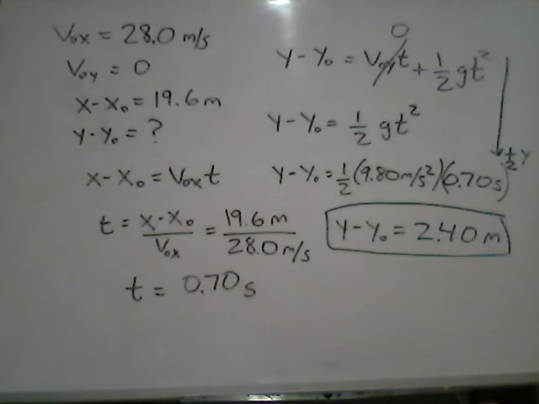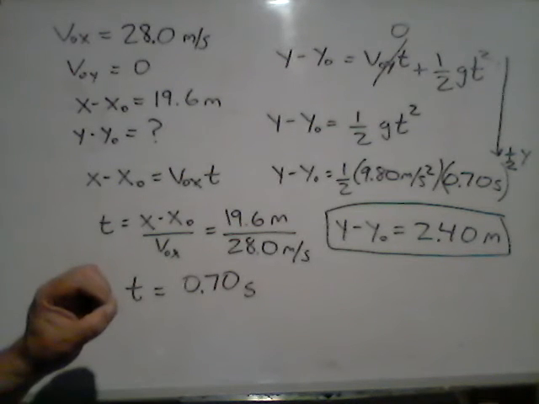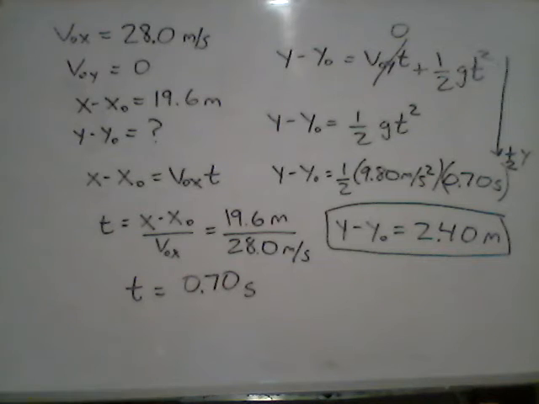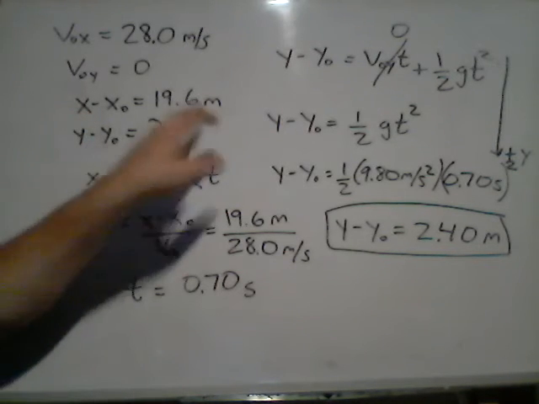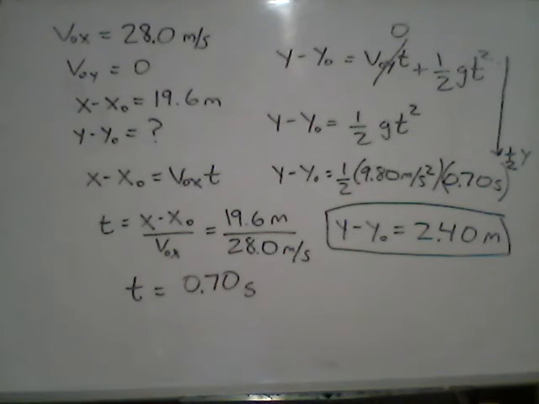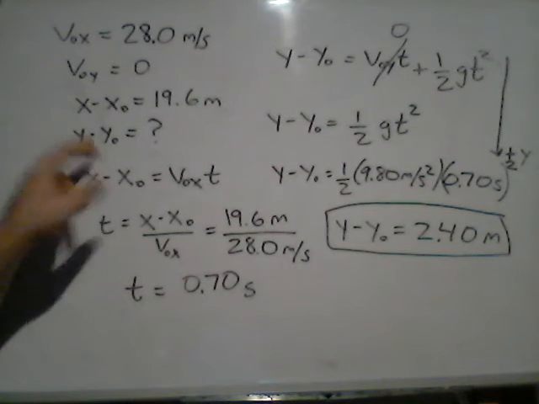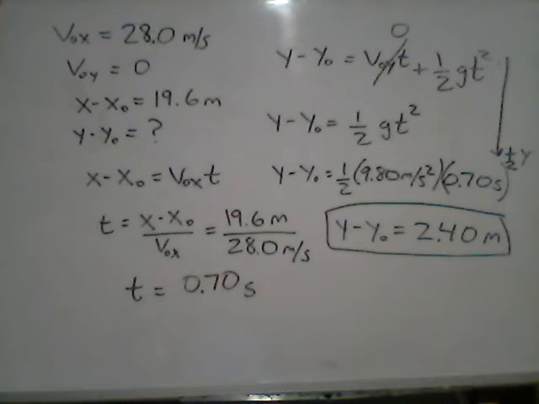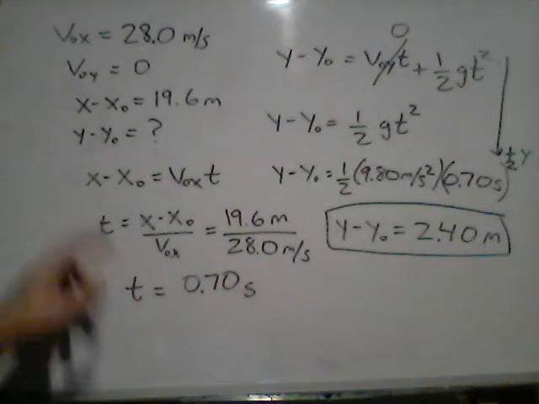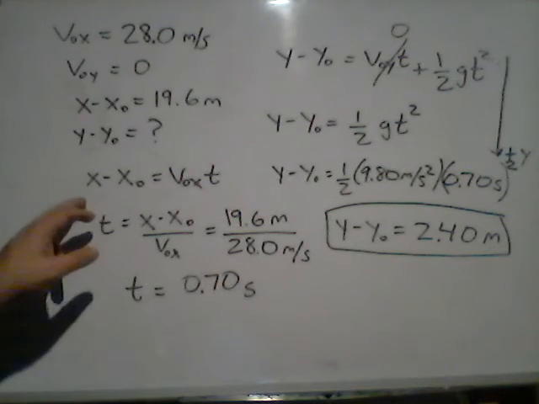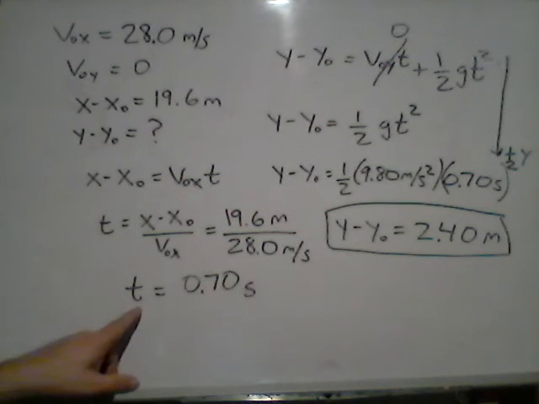All right, so we essentially have a free fall problem where the ball is falling from rest in the y direction. We know the horizontal range, and we're asking what the vertical height was. What's the vertical displacement? We knew enough information in the horizontal equation to figure out how long the problem takes.